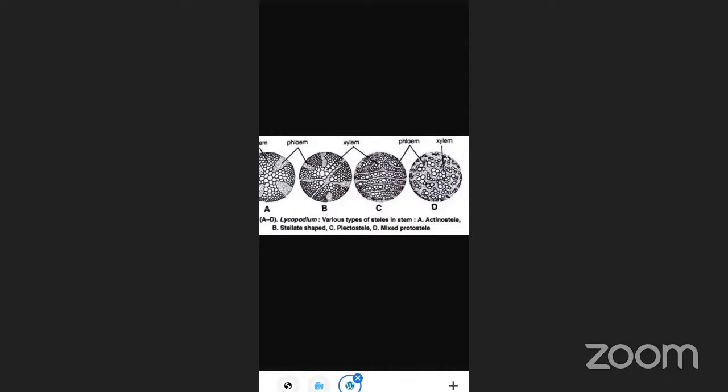In the mixed protostele, the xylem breaks into small pieces, spherical in structure, spread throughout the stele. This xylem is surrounded by the phloem, which totally occupies the rest. This is the mixed protostele.